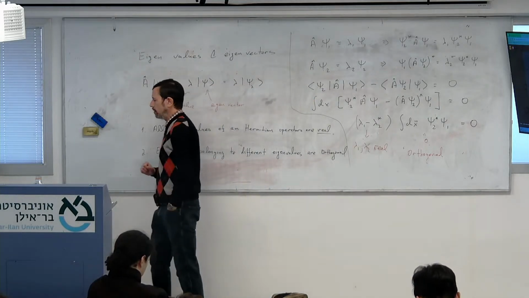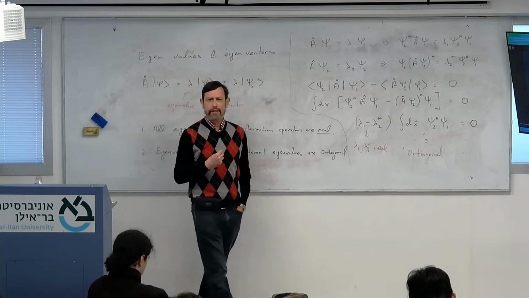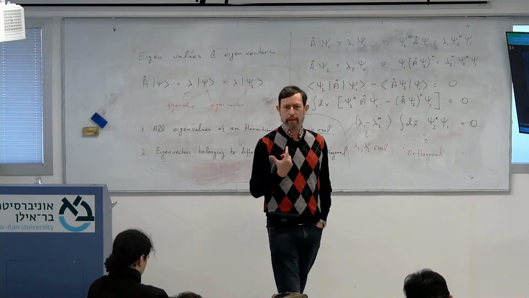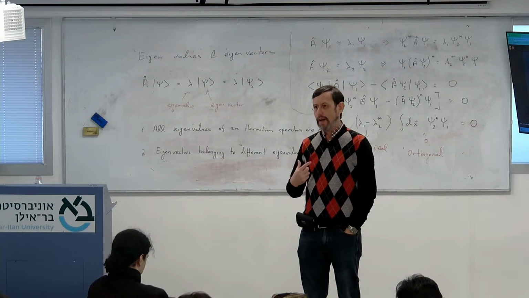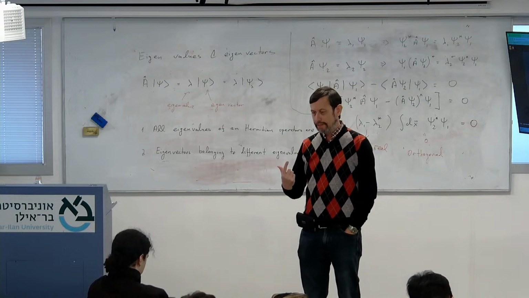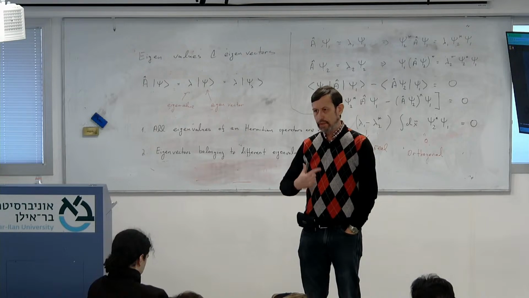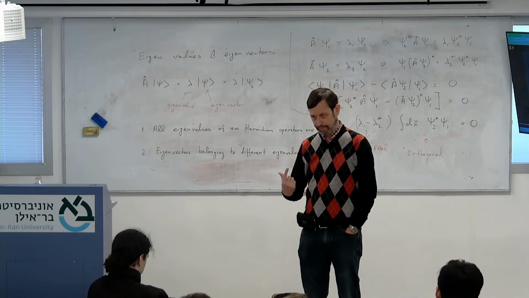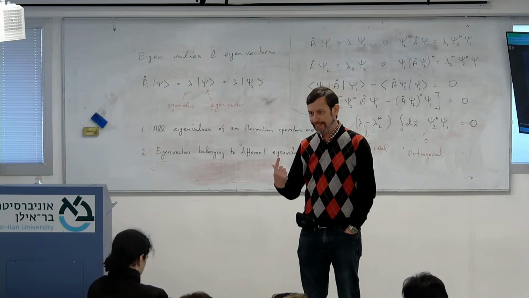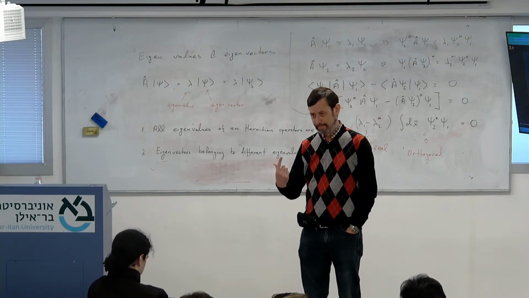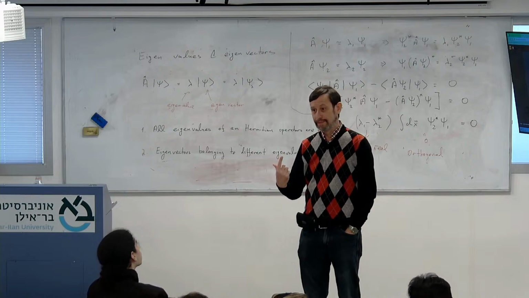So we have here something that smells like a basis, right? I have eigenvectors of an operator that are orthogonal to each other. That's almost a definition of a basis. It is a basis.